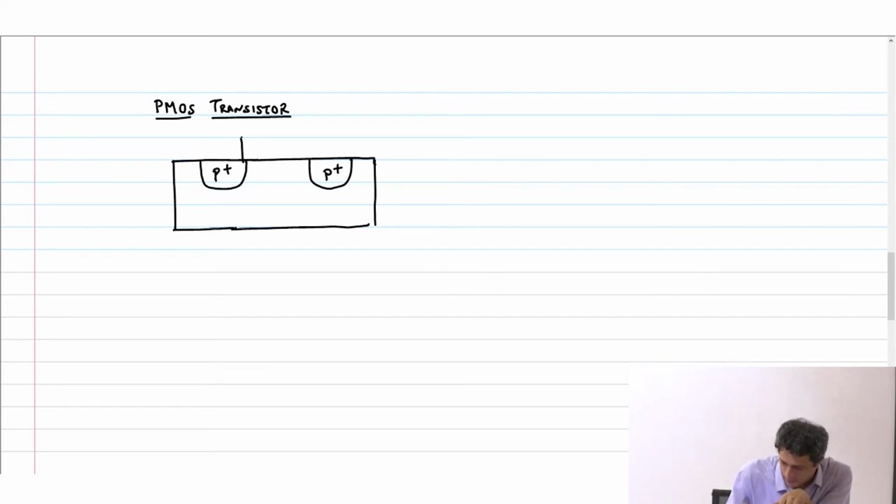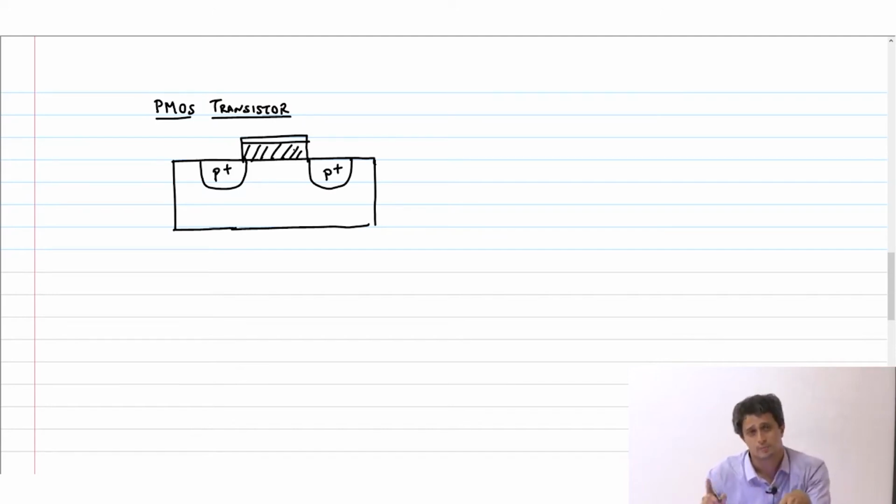This is again my metal and oxide. The thickness will be the same for an NMOS transistor and a PMOS transistor, right? And this substrate is going to be N.